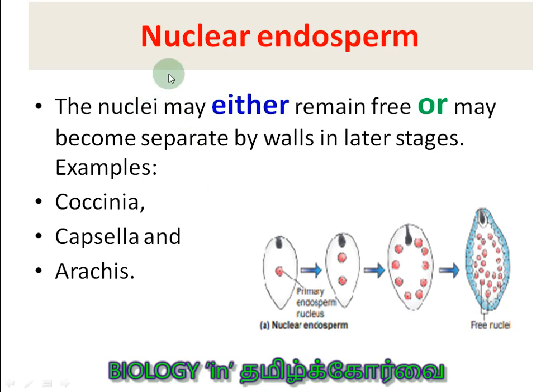So it is called nuclear endosperm. Continuing with nuclear endosperm, the nuclei may either remain free like this or become separate by wall formation. So at seed maturity, in some species, some plants, cell wall formation may take place, otherwise it may remain free. That is what they are telling, either or type.